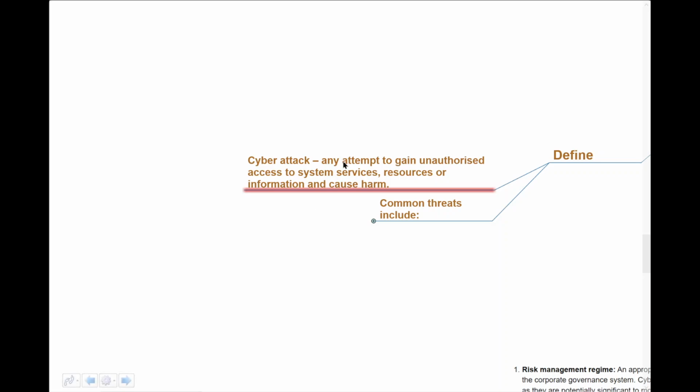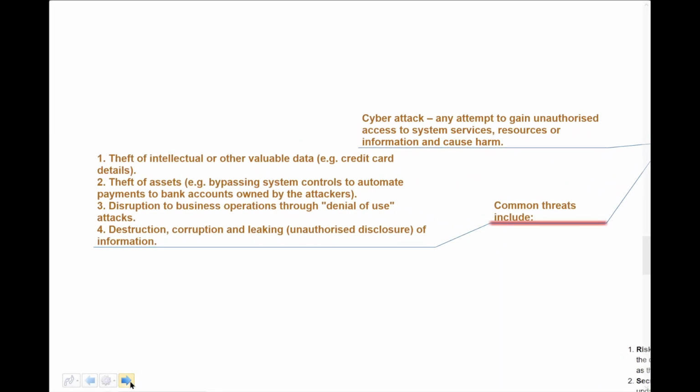So really, any unauthorized access, broadly speaking, to information is an attack. Common threats are many and varied: the theft of information, the theft of data, possible theft of assets, denial of use or disrupting operations, downtime, etc., or possibly unauthorized disclosure. And there are several examples of that in the last year or two.